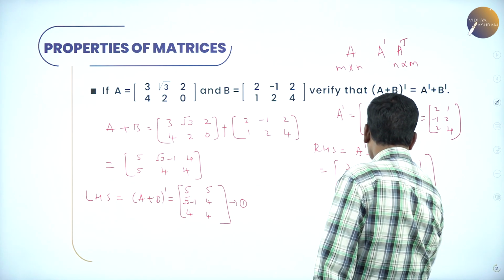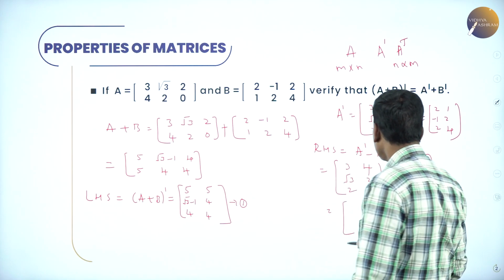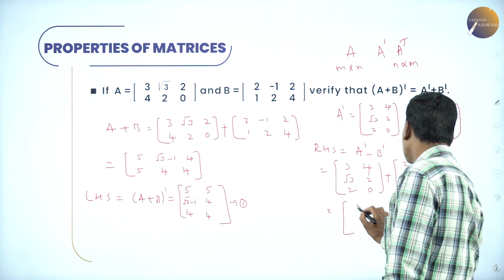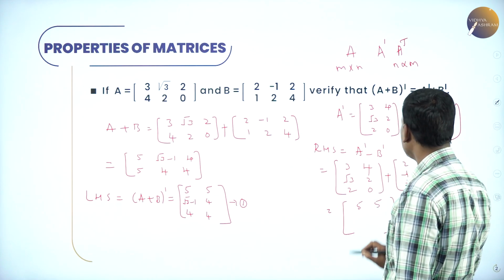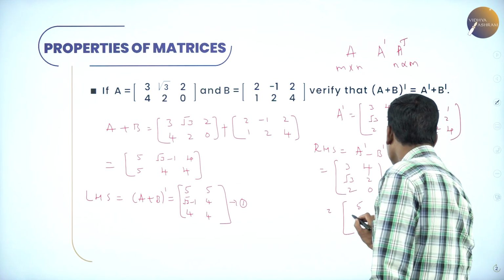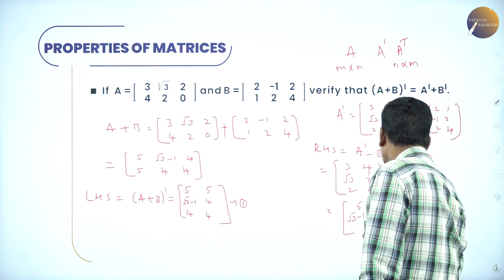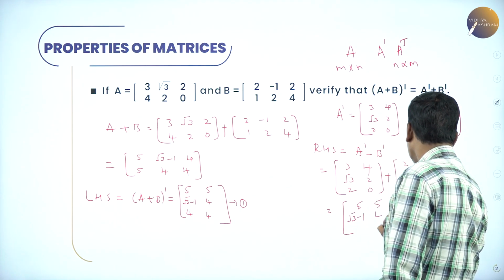Now, add these two. So, if I add 3 plus 2 is equal to 5, 4 plus 1 is also equal to 5. Again, root 3 plus minus 1, this is root 3 minus 1. 2 plus 2 is equal to 4.